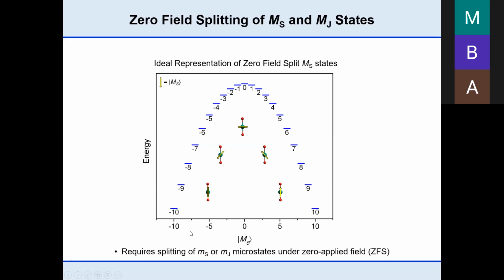To do this, we would have to absorb some thermal energy. If our molecule is cold enough, it won't have enough thermal energy and it won't be able to relax, and therefore it should display some permanent magnetism.